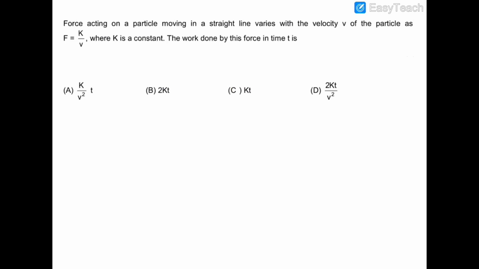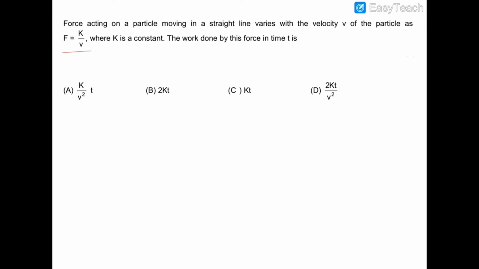In this question, we are given a force which is dependent on the velocity of the particle, and due to this force, the particle is moving in a straight line in the direction of this force with the velocity v. So we need to find out the work done by this force in time t.